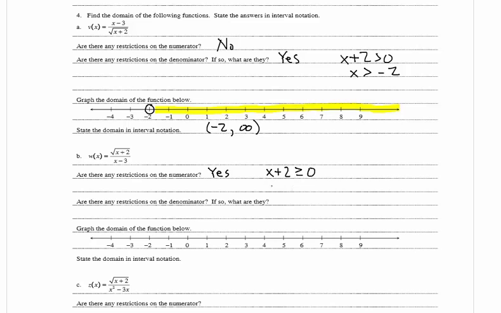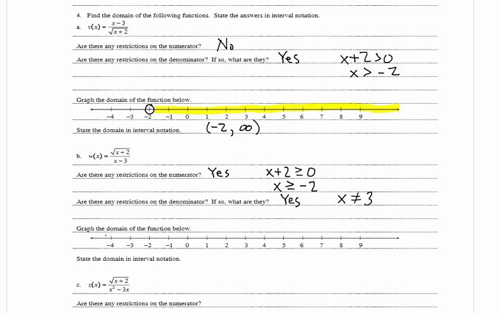And now we subtract 2 from both sides, and we get x has to be greater than or equal to negative 2. And then it asked, are there any restrictions on the denominator? If so, what are they? And there are restrictions because our denominator cannot equal 0, and it equals 0 at x is equal to 3. So x cannot equal 3.